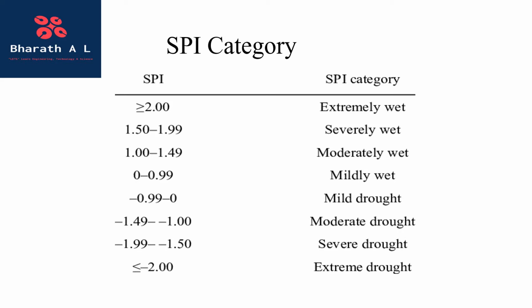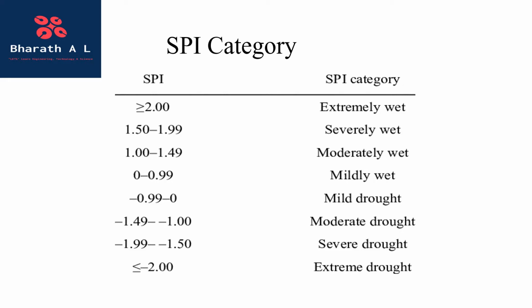This is called the SPI category. In this, the first column is SPI and the second one is the SPI category, and this was done by McKee et al., 1993. You can just find it in Google. If it is greater than or equal to 2, that is considered extremely wet. 1.50 to 1.99 is severely wet. 1 to 1.49 is moderately wet. 0 to 0.99 is mild wet, and minus 0.99 to 0 is mild drought.